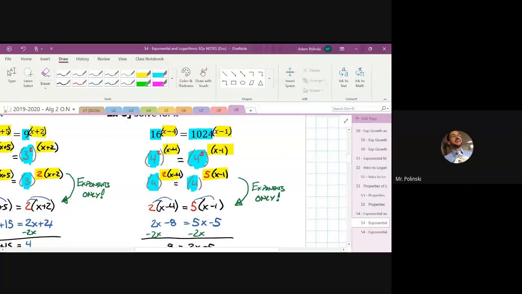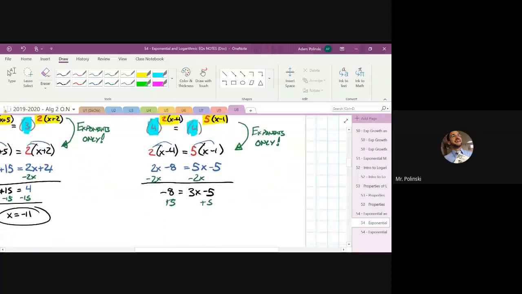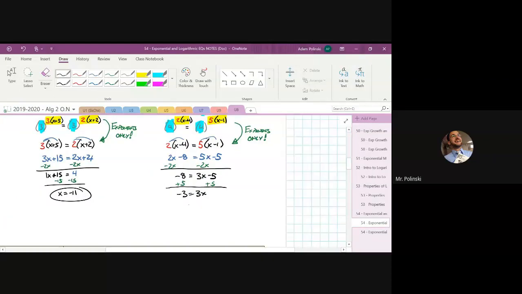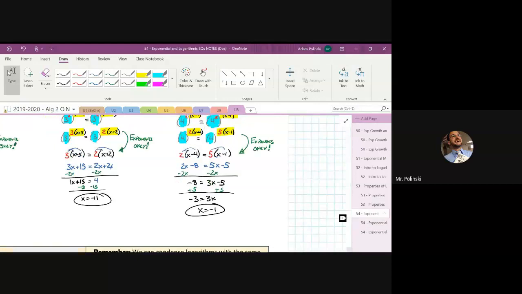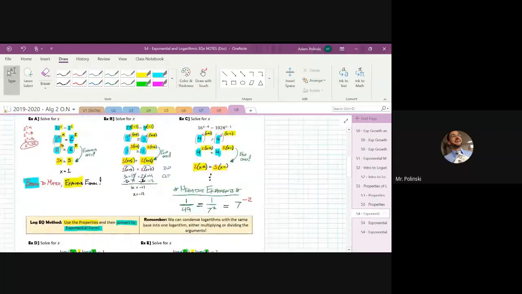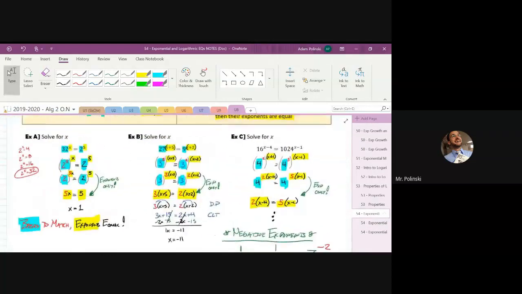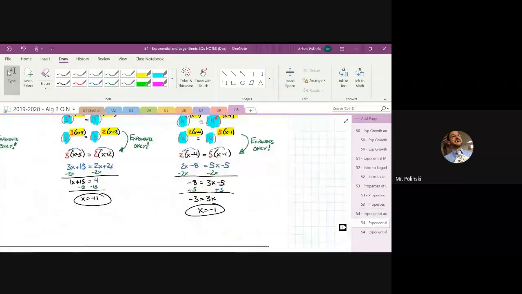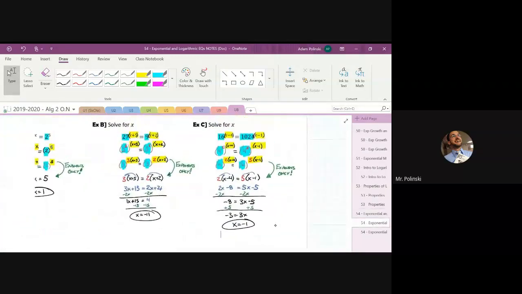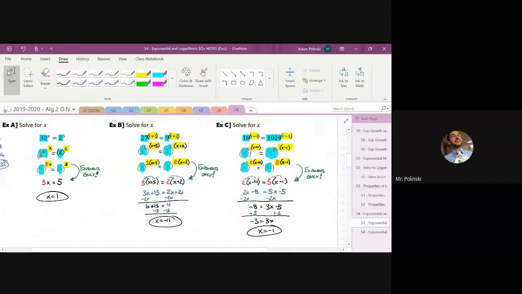Giving us negative 3 is equal to 3x, so x is equal to negative 1. And we would actually solve from there, okay? All right, questions on those 3 types of problems?